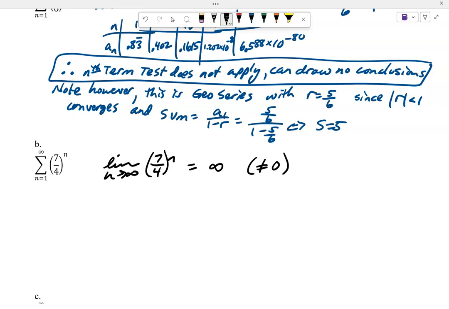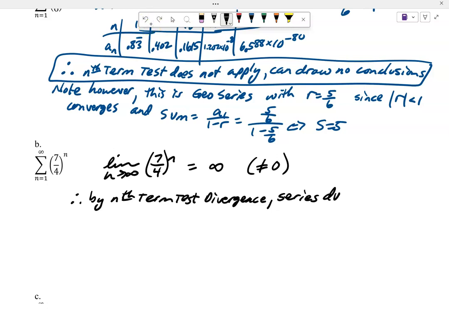So it's not 0, so we can conclude by the nth term test, divergence, the series diverges because the limit's not 0.